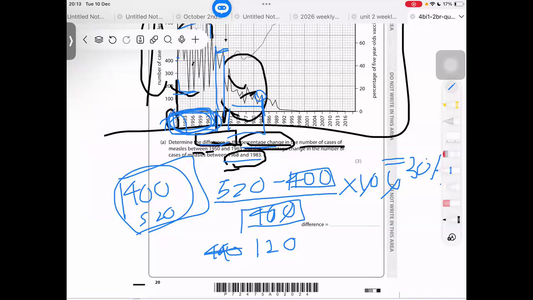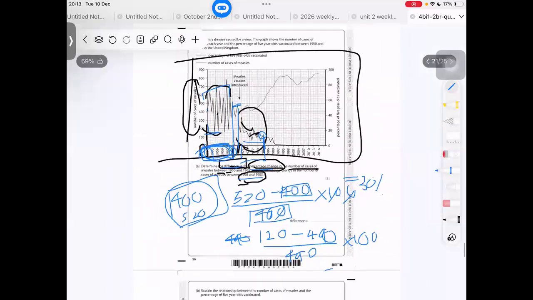Then how do you find the percentage difference? Final, subtract the initial: 120 subtract 490, divide by the initial, which is 490, multiplied by 100, you get minus 75.5%. You get a minus value, it doesn't matter. Then find the difference. How do you find the difference?